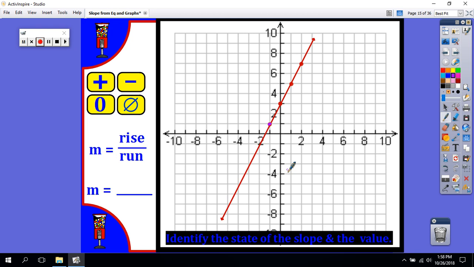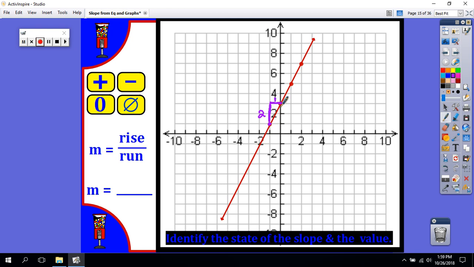It's going to form little triangles on your paper. Take your pencil and put it on the first point. We're going to count how many units we rise and then run to the right to get to the next point. So we're going to go straight up 1, 2, and we're going to run to the right 1 unit. So that was rise 2, run right 1.